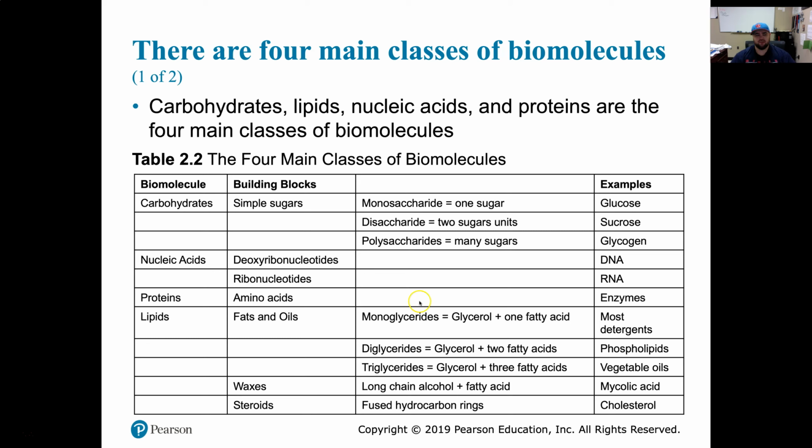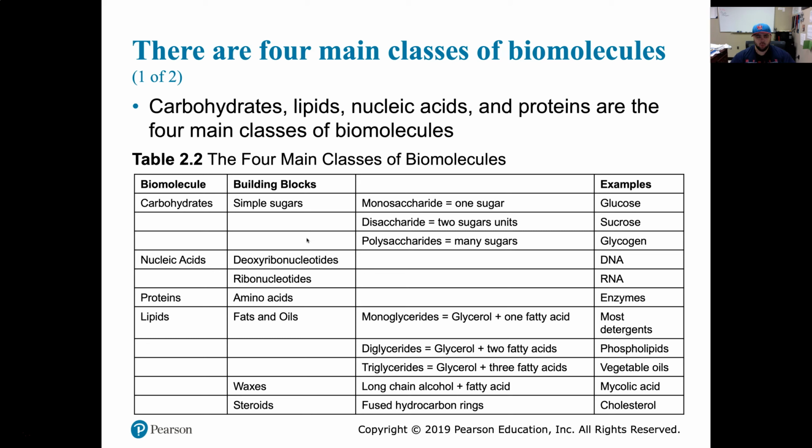The 4 major classes are carbohydrates, which are sugars, nucleic acids, which is DNA and RNA, proteins, which has so many different functions. Proteins are incredible. And then lipids, which are fats.